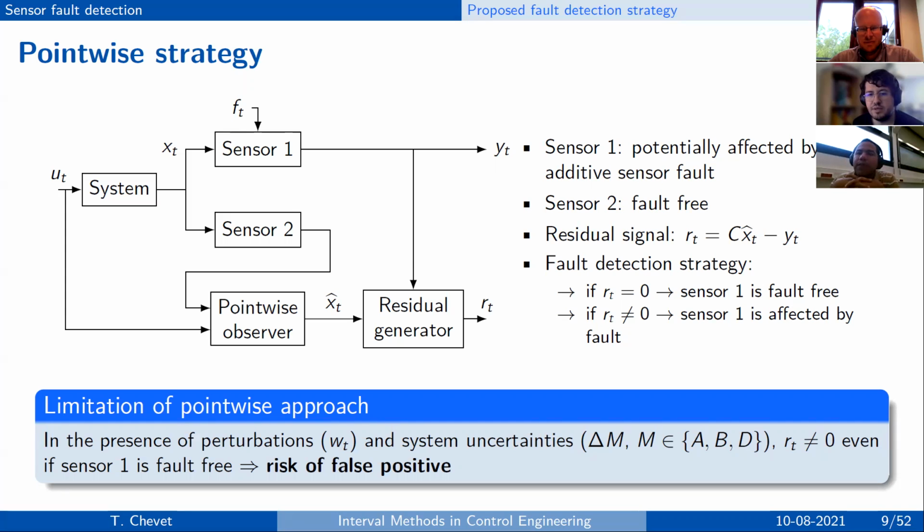Could you go to slide 9? But what is a fault-free sensor? If I have a fault-free sensor, why don't I use this kind of sensor and that's all? I solved the problem. I don't need to detect any fault. So how do you design this fault-free sensor? Because that for me is the main problem. I don't know how to validate that such a sensor exists.